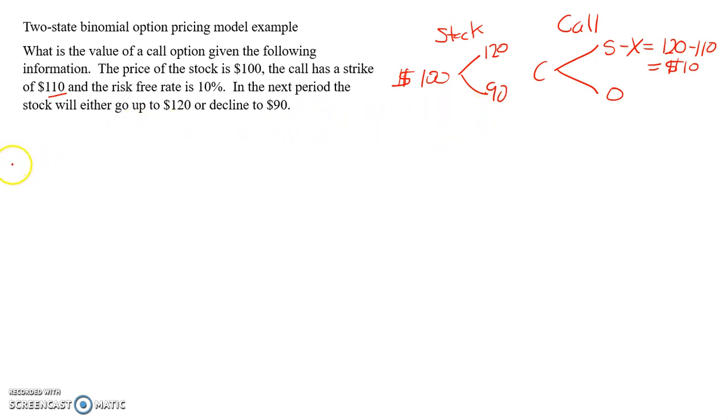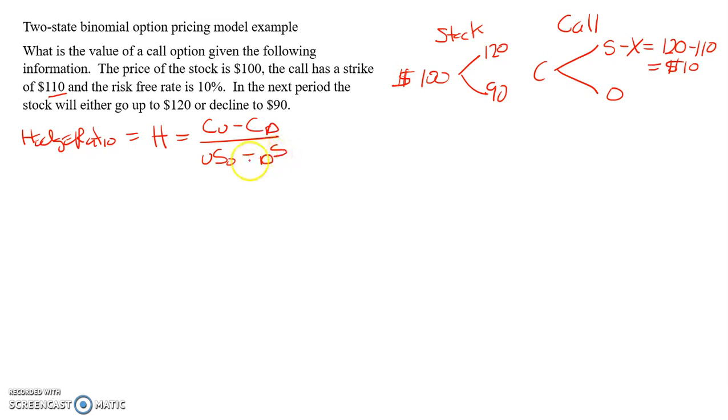The next thing to do is calculate your hedge ratio. So the hedge ratio for a call, signified with H, is the value of the call in the upstate minus the value of the call in the downstate, divided by the stock price in the upstate minus the stock price in the downstate. I don't know why they changed the notation, but they do.